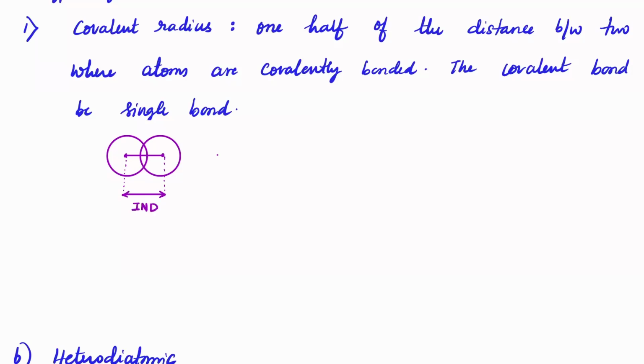So in that case, the covalent radius of the element here, both of them are X elements, by the way. X means same atom. This is homonuclear covalent radius. Correct. So in that case, RC covalent radius will be equal to half of IND internuclear distance.